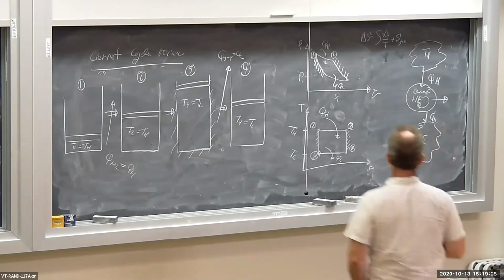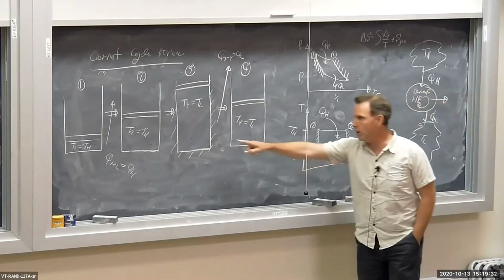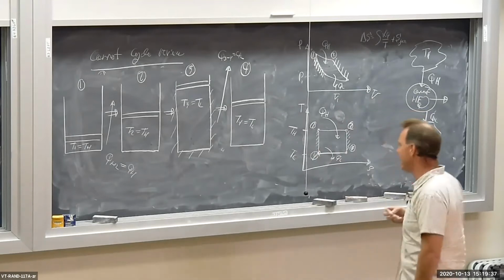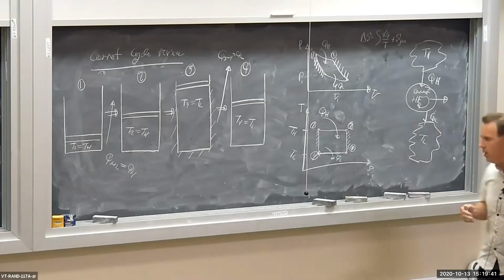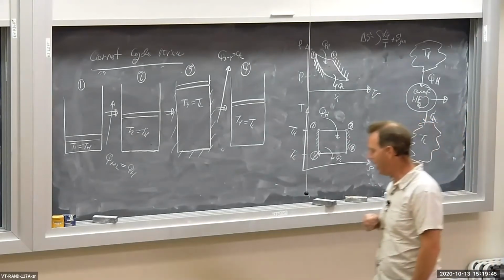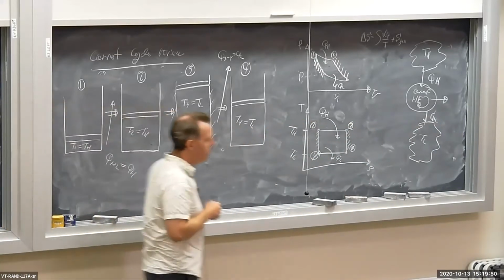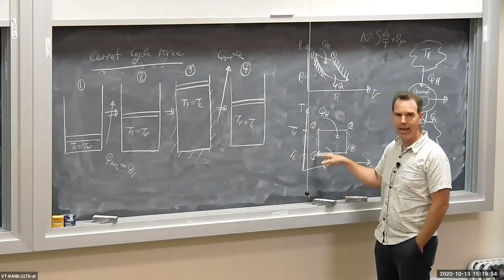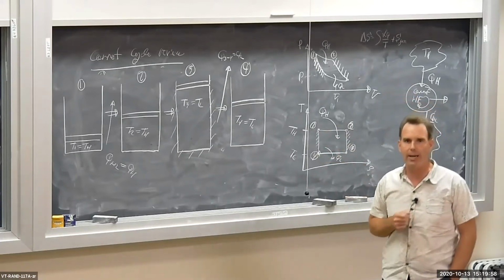Once we get to the low temperature reservoir temperature TL, we then proceed to compress the gas and reject the excess heat, QL, from the working fluid to the low temperature reservoir. And then to get back to state 1, we simply compress adiabatically and reversibly, compressing the fluid back up to the high temperature state.